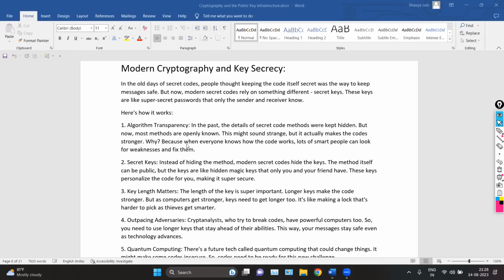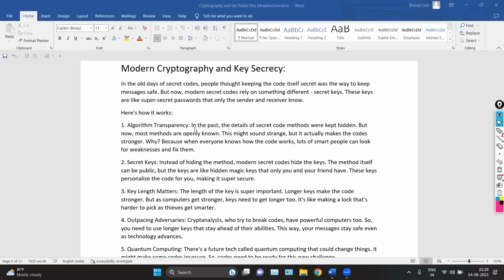These keys are like super secret passwords that only the sender and receiver know. So that is your key. In historical cryptography we needed to secure the method as well as the key, but in modern cryptography we only need to secure the key, not the method.